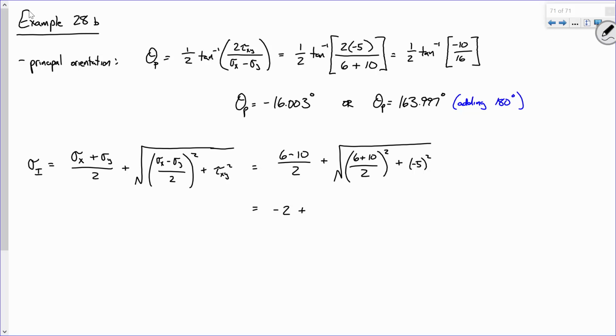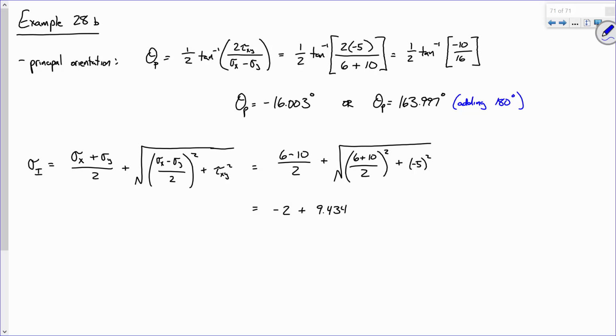So what does that come out to be numerically? No, just the square root part. I want to do just the square root part. So 9.434.